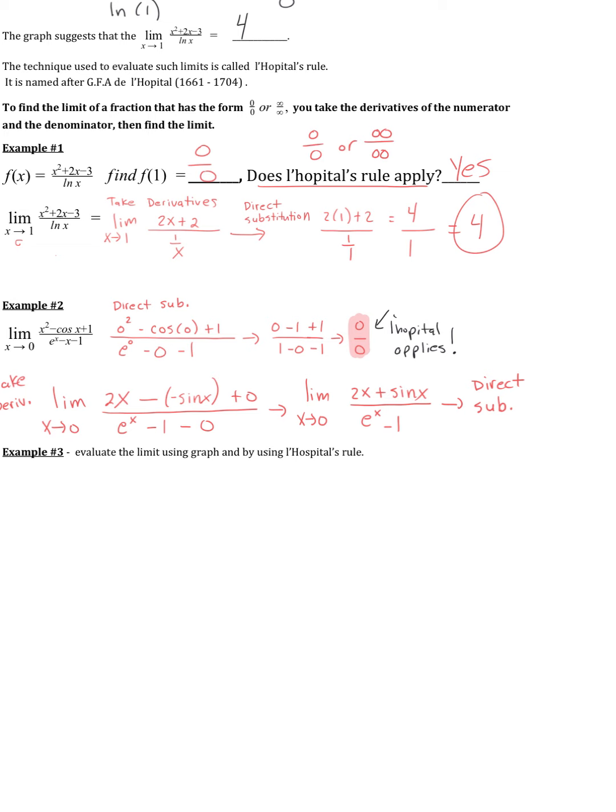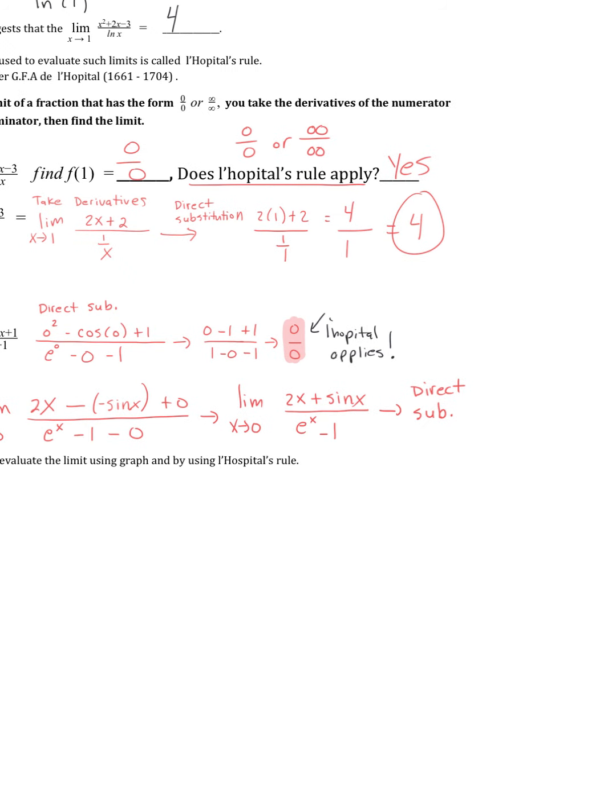So if I plug in 0 on top, we have 2 times 0 plus the sine of 0. On the bottom, we have e to the 0 minus 1.